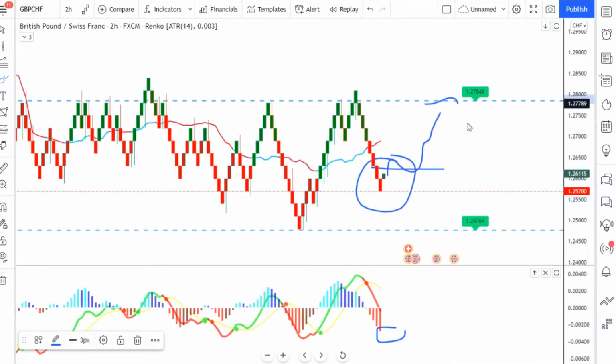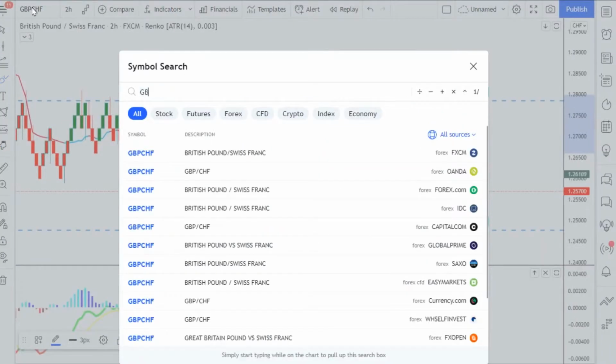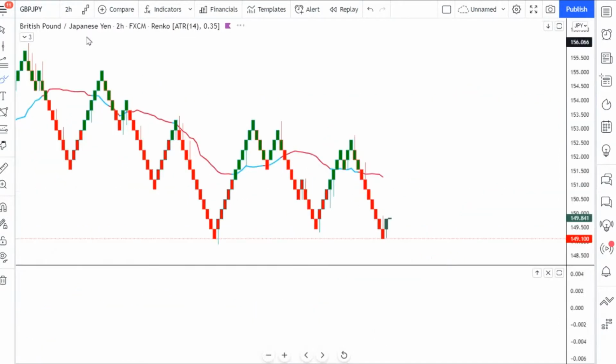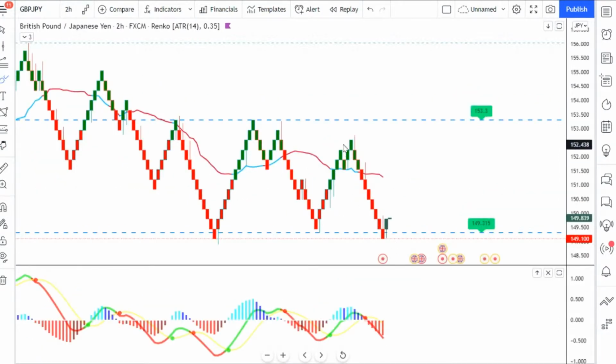So Pound CHF, if you're into Forex and stuff, this is probably a good buy. Pound Japanese yen also, I think, is gonna be a buy for now. We were bearish and we said negative, and it did fall really nice to 149. I think from here we can take a buy signal.